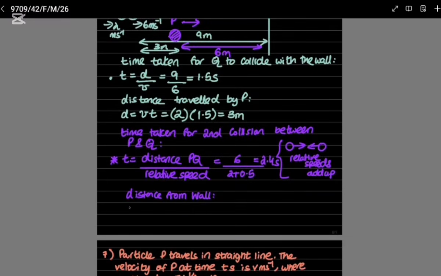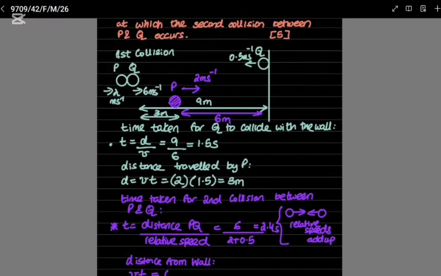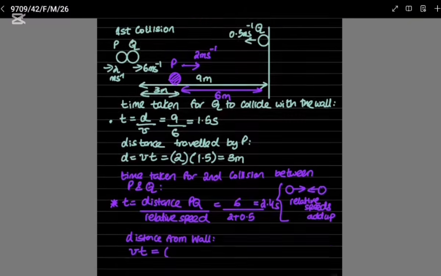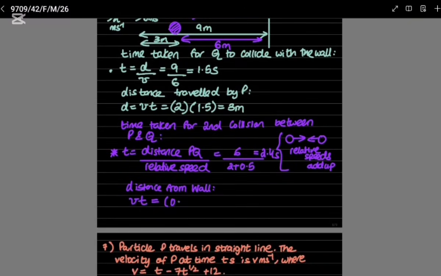So it's Vt, okay. So what is the speed of Q? It is 0.5 meters per second, and the time taken for the second collision is 2.4. So this gives me 1.2 meters, okay. So this is your final answer, okay.